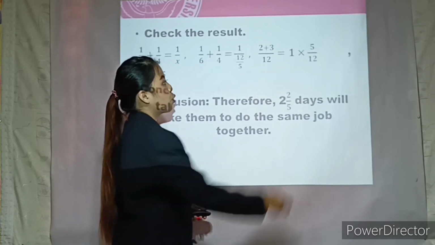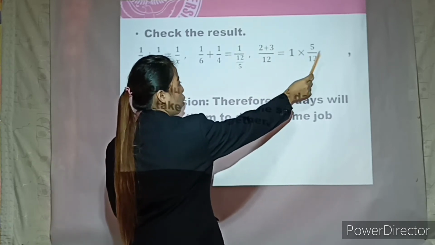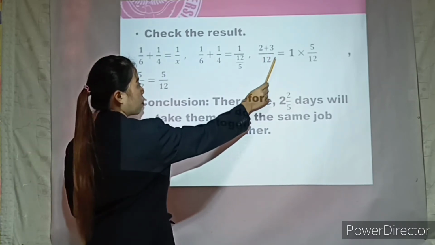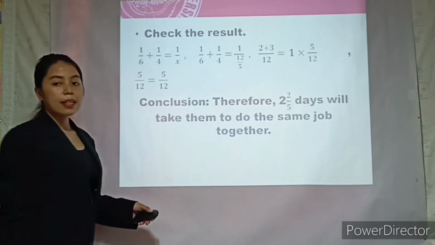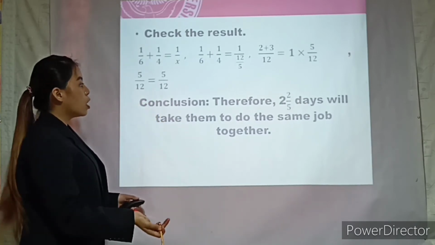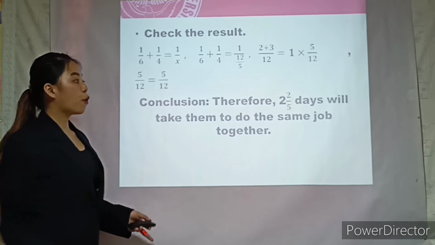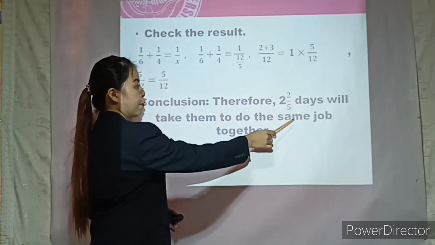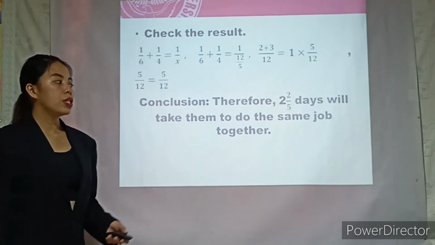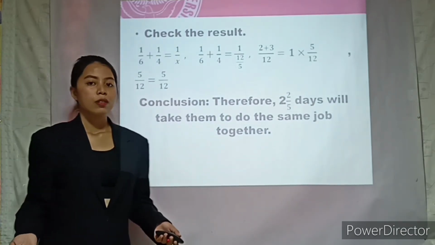It will result into 1 times 5 over 12. Since 2 plus 3 is 5 over 12, both sides are equal, so the conclusion is therefore 2 and 2 over 5 days will take them to do the same job together.